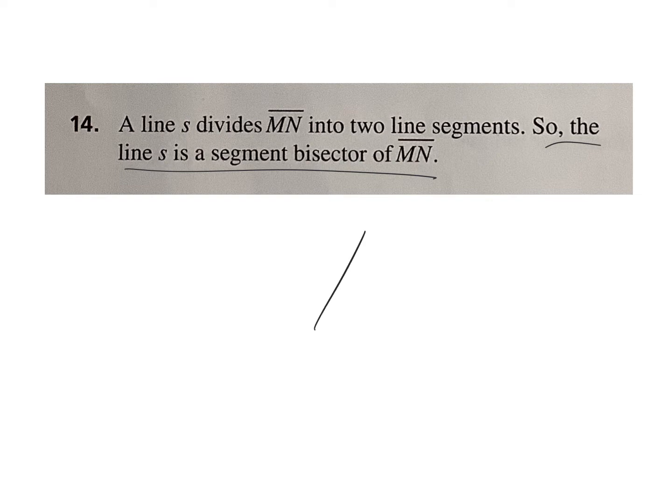All right, so line S, and we can say segment MN. That is definitely not a bisector. If you were to draw it correctly with hash marks, that's how you could say. I mean, visually they're not equal. We good? Yes? Okay. All right.